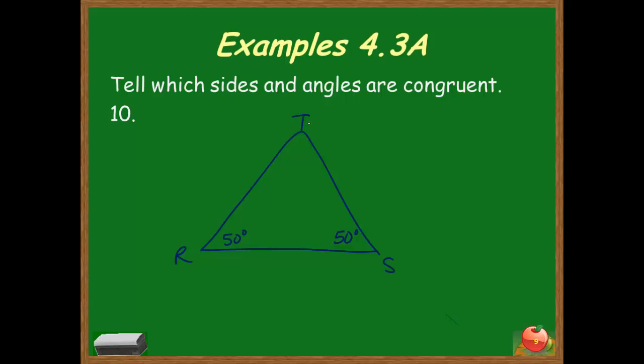And if those two angles are congruent, then we know that the sides are congruent. So we're going to write it down. Angle R is congruent to angle S, and write down which two sides are congruent. Hopefully you wrote down that RT is congruent to TS.